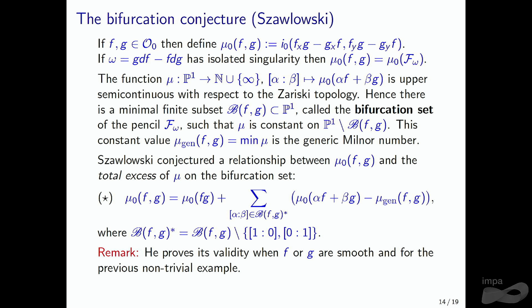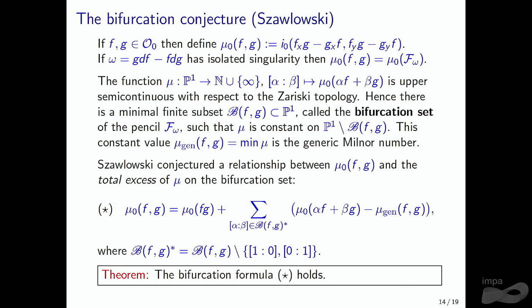And he proves its validity when f or g are smooth, and also for the previous non-trivial example that we have considered. And what we do here is to prove this formula using the ingredients that we have introduced.